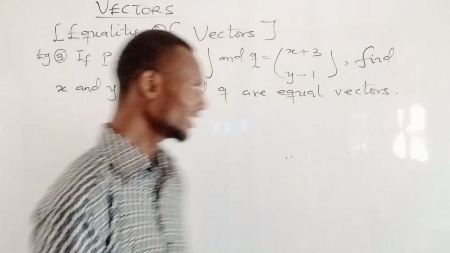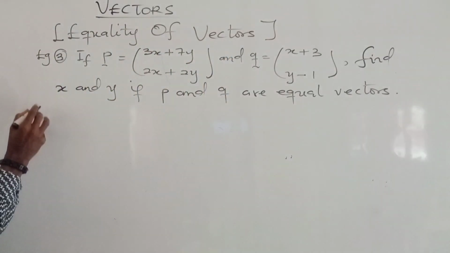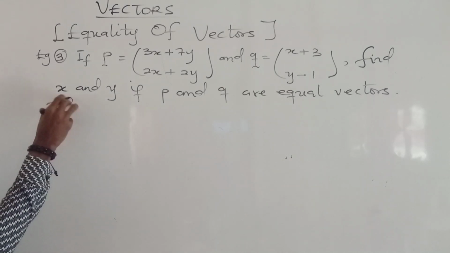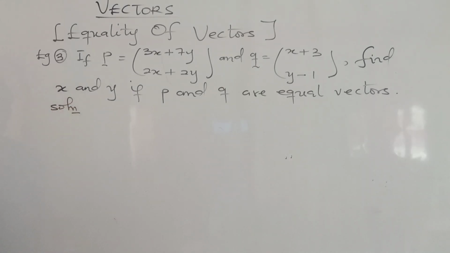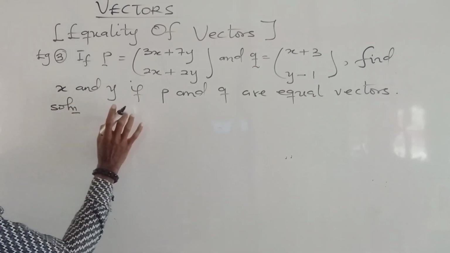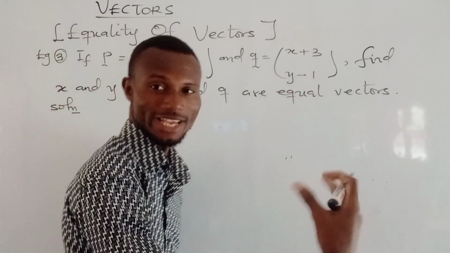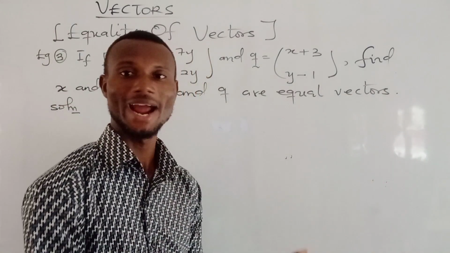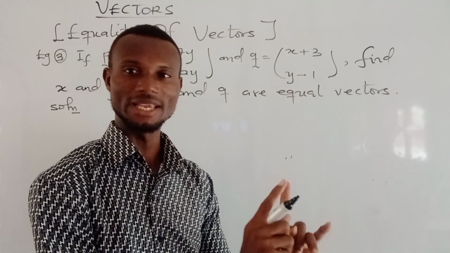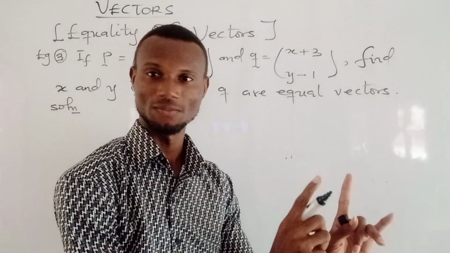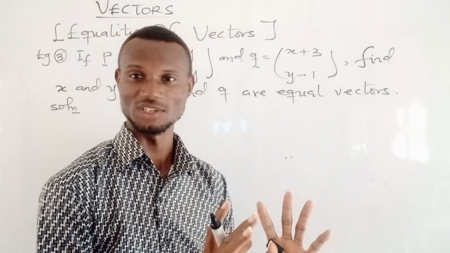So let me go ahead and write down my solution and let's do it together. The condition given is that p and q are equal vectors. It means I can write that vector p equals vector q. I hope you agree with me up to this point.